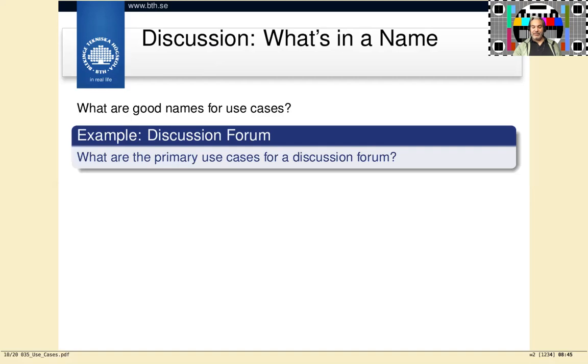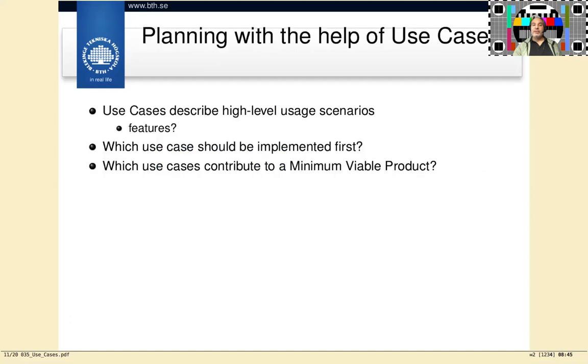So I've talked about this, the name of the use case, that it is at least a verb and a noun. So I can skip that. And this is also something that I talked about last lecture about prioritizing use cases.